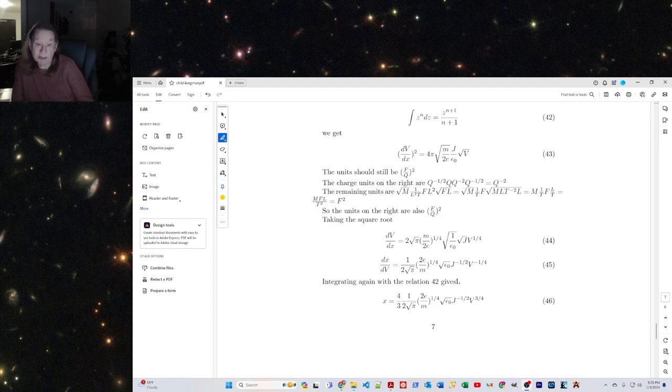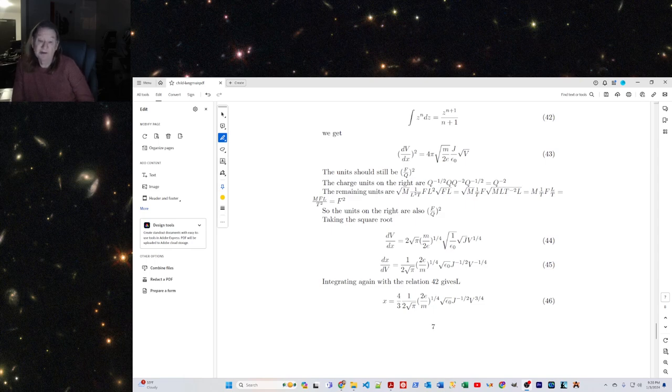And this is what we need because we have a derivative with respect to V on the left and a function of V on the right. So we again can use that calculus rule for the integral of a power, and we get equation 46, relating the position between the cathode and the anode, that's x, and the current and the potential.